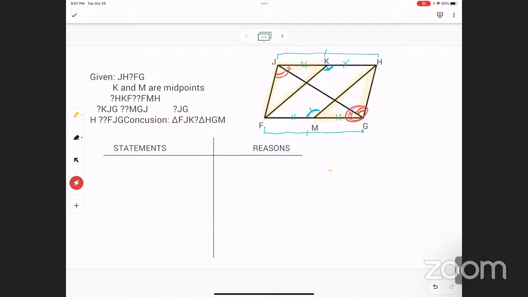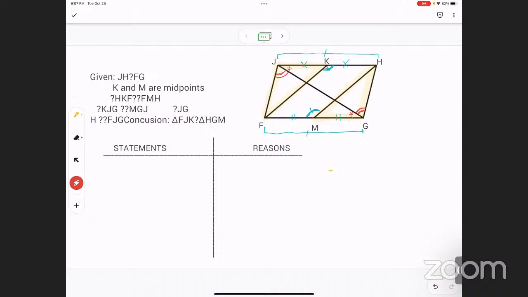And what about this one right here? That one would be angle, another angle, by the addition property. It doesn't bisect it, but see how I'm adding two congruent pieces? I believe that's the addition property.